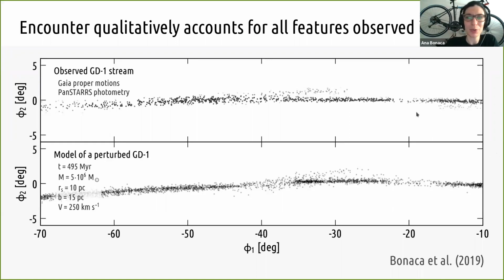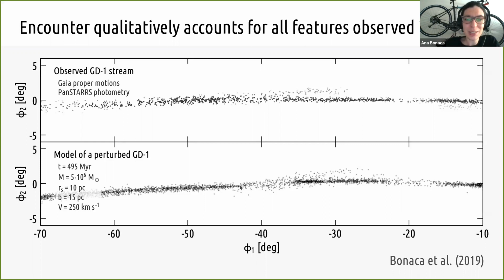So we reproduce this one gap by disrupting the globular cluster progenitor here, and this other by having an encounter about 500 million years ago by a massive object, like a few 5 million solar masses, that's very compact, coming pretty close to the stream and moving at sort of typical halo velocity.